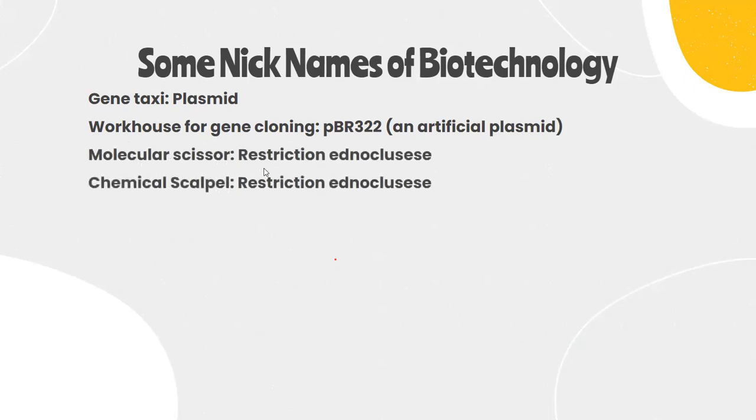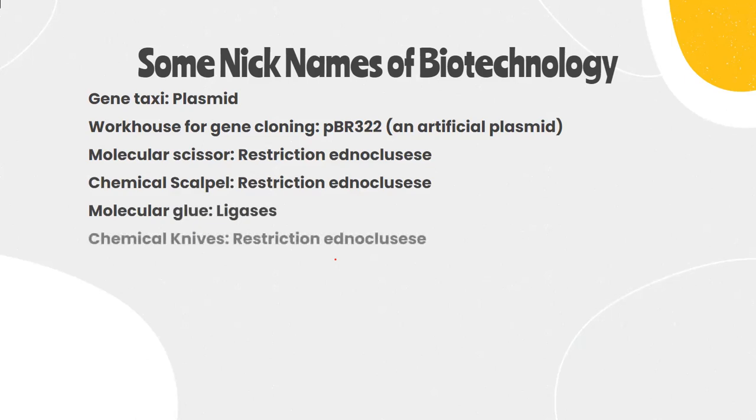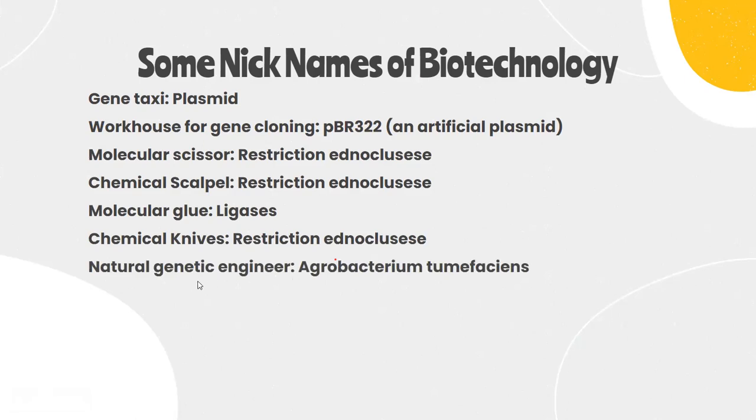Restriction endonuclease. Then again, cutting desired sites of the DNA is your restriction endonuclease. The enzyme which will join the remaining gaps is ligase. Okay, chemical knives, restriction endonuclease. Natural genetic engineer, which can naturally infect plants and can be used for genetic purposes, Agrobacterium tumefaciens. Okay, mobile genetic elements.